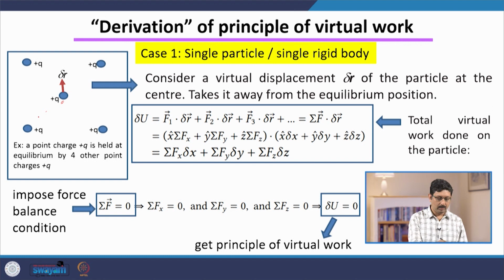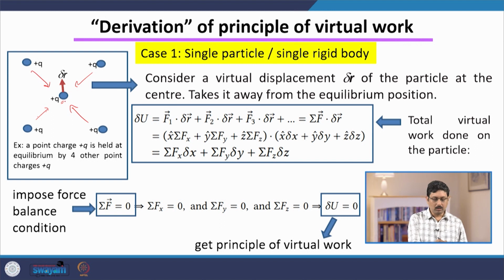The total force from this charge on the center charge and this charge on the center charge is equal and opposite, so they will cancel, and similarly for these two charges. So this is an equilibrium. The center charge is at equilibrium, total force is 0.